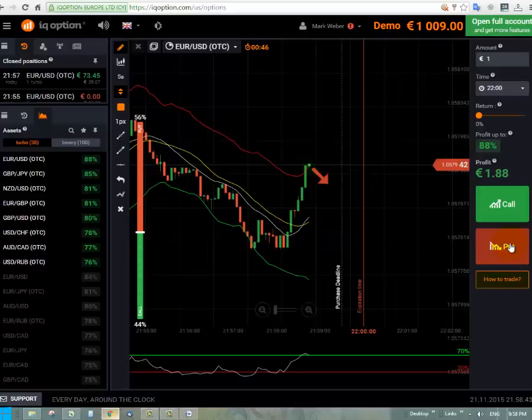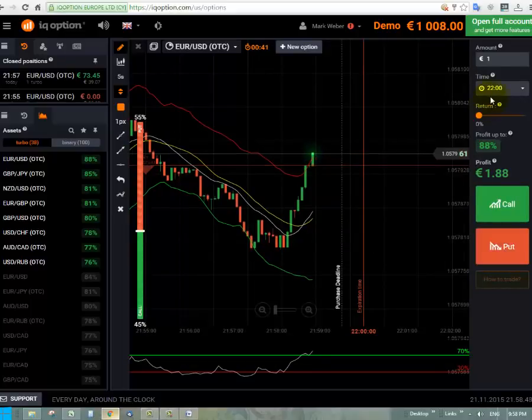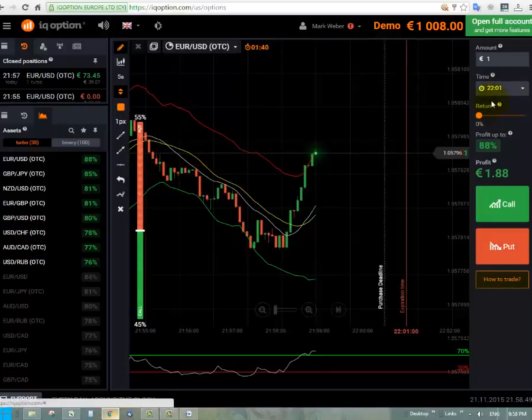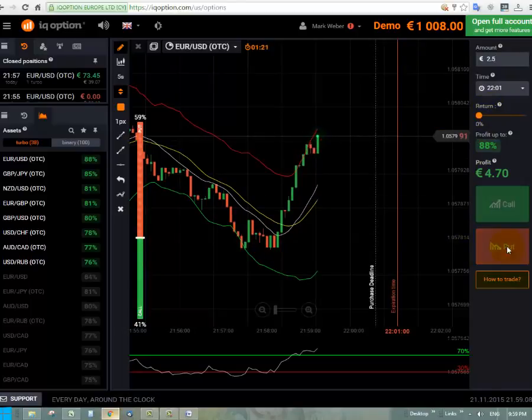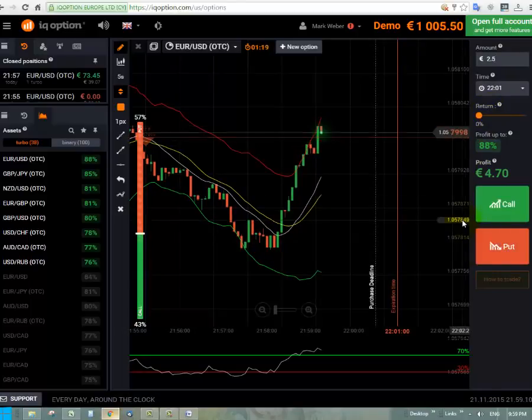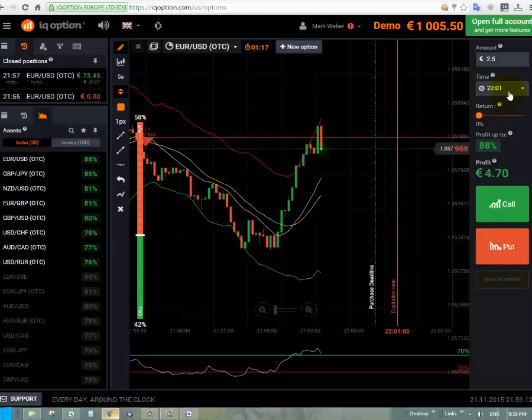Now it hit the line, so we will make our position. And we are ready for the next position of 2.5. We took the second position.